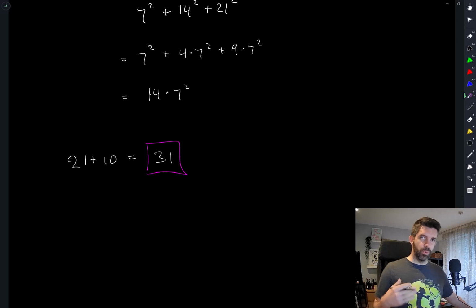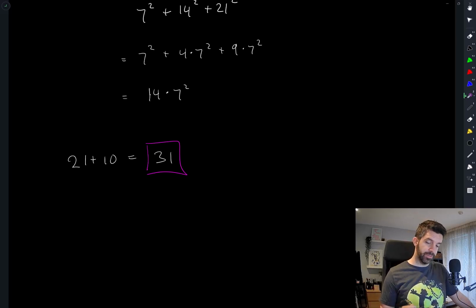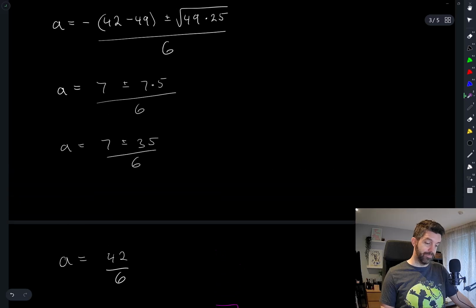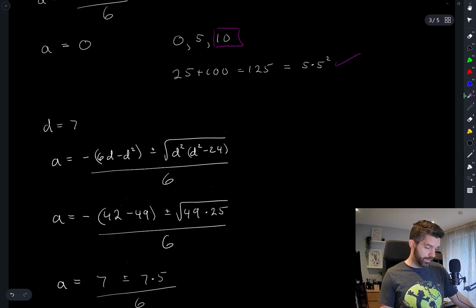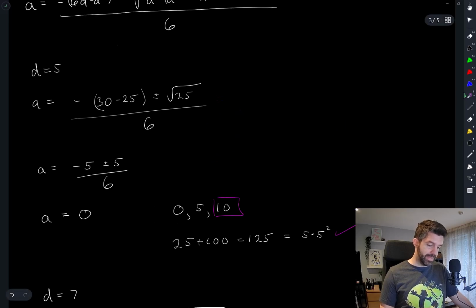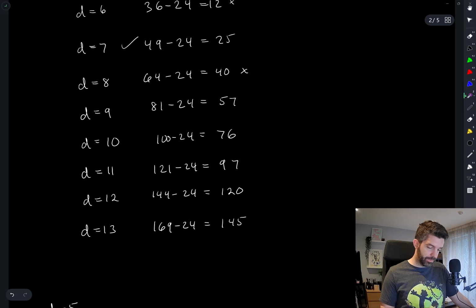Things ended up working out so nicely here that I find it unlikely that I have an arithmetic mistake. The only thing I can think of is maybe somewhere in my logic I went wrong and I'm missing a sequence. I end up that there are only two of these special sequences, 0, 5, 10 and 7, 14, 21. But maybe I did some arithmetic incorrectly here somewhere and something else actually works out.